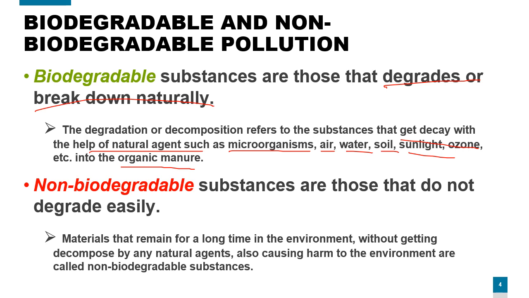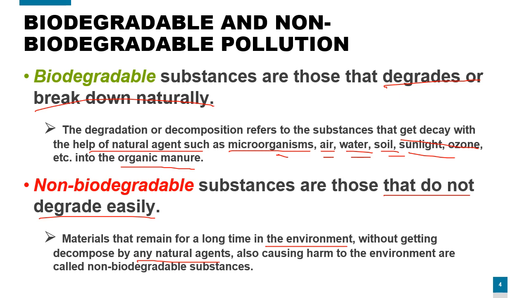Of course, we also have the non-biodegradable materials or substances. These are those that do not degrade easily. These are materials that remain for a long time in the environment without getting decomposed by any natural agents. So what are the natural agents that we mentioned? We have microorganisms, air, water, and soil.